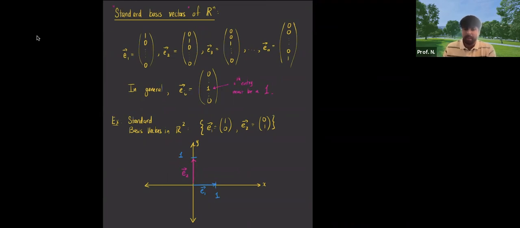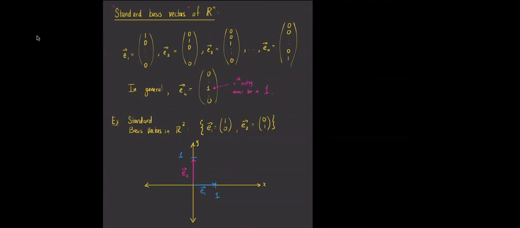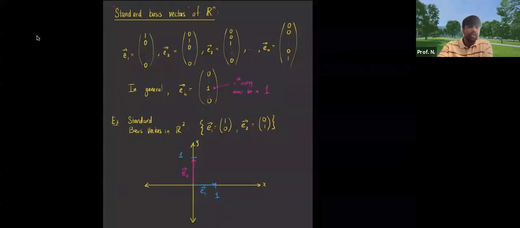That's only for standard. So standard has 1s in the entry associated with the subscript of the vector. So if it's the ith standard basis vector, then you have a 1 in the ith position. That's what I meant. Thank you for that.